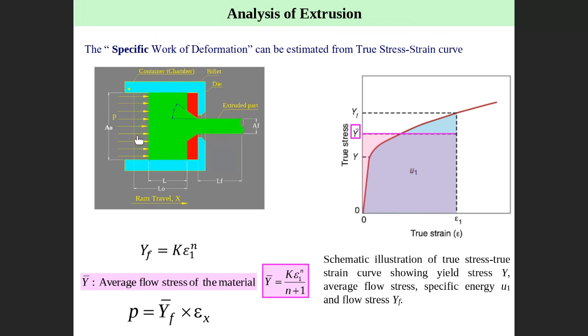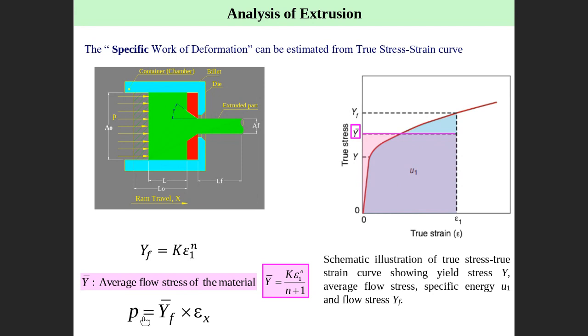In the extrusion process, it's very similar to applying compression, like compressing the material. When a pressure is applied here, there is flow stress. This is the flow stress, like you're applying stress to flow the material.